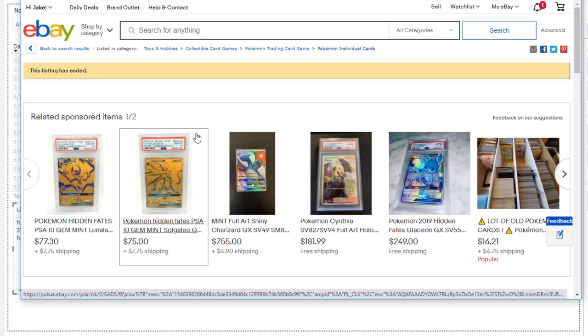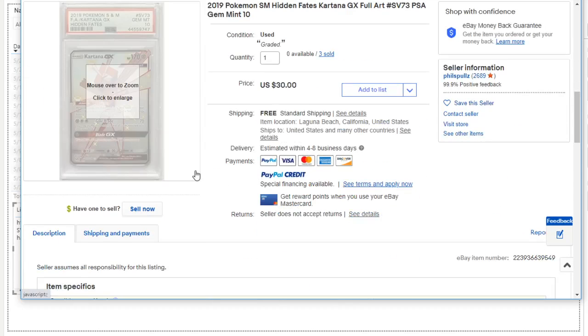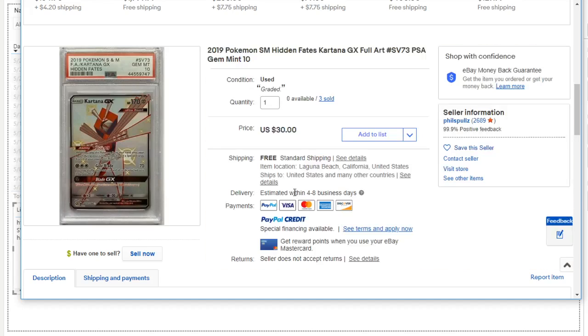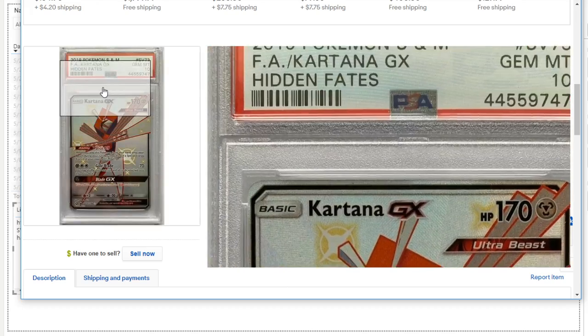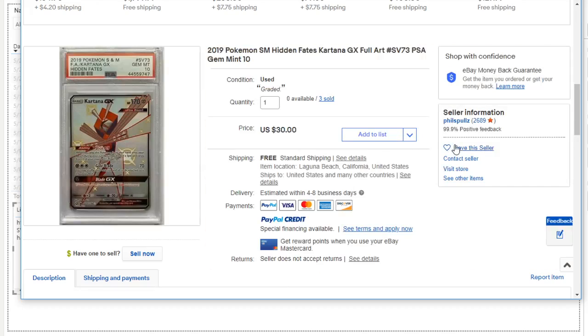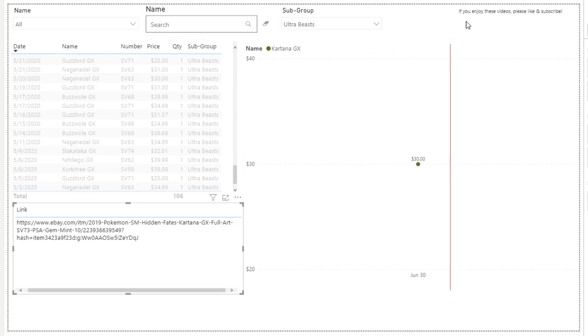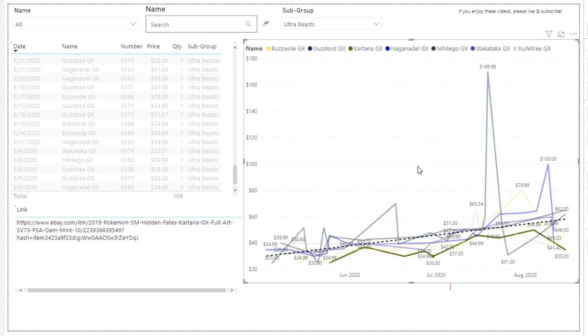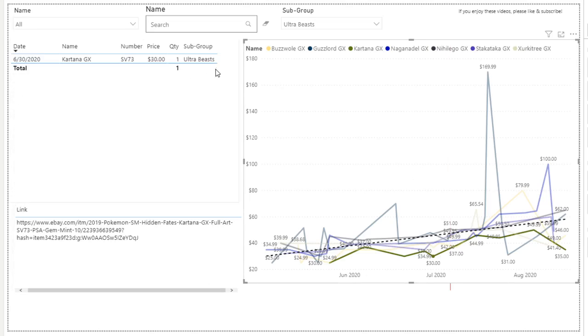Damn, it was an auction. Wow, somebody got this for 30. Was it an auction? 3 sold, so I guess not. Well, I'll be saving this seller and seeing what they're going to be selling later on, because that's a fantastic deal. Whoever got one of these guys for 30 bucks, that's really cool.